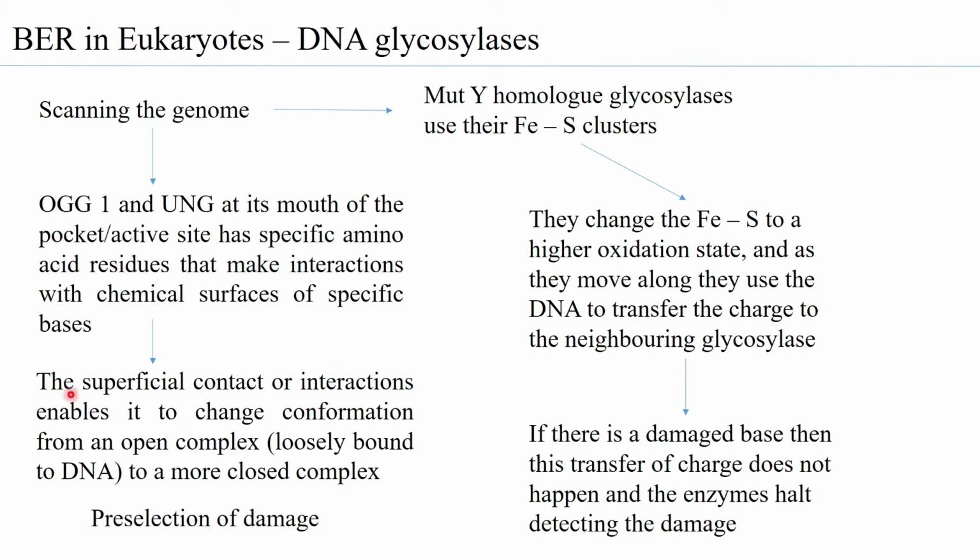So this is what is called pre-selection of damage. Now, what do we mean by pre-selection of damage? We all know that DNA glycosylases flip bases out into their active site to remove the base. But before flipping out, these enzymes are able to identify the damage, and therefore it is called pre-selection of damage.